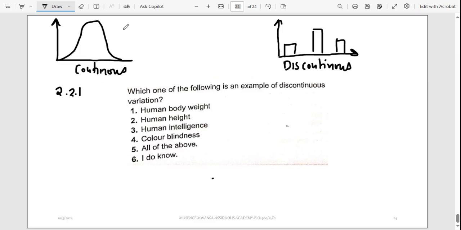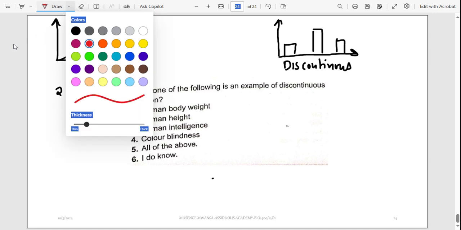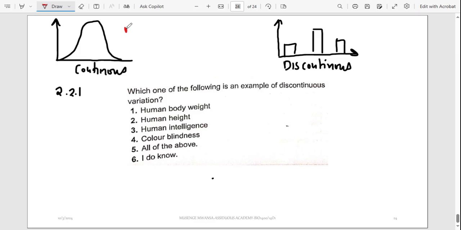Examples include weight. You can have someone who is very fat, someone very thin, someone in between. Weight, height, even your heart rate. Someone's heart rate can be 110, another's 60, another's 40, very high, very low, or anything. Even your length or size.